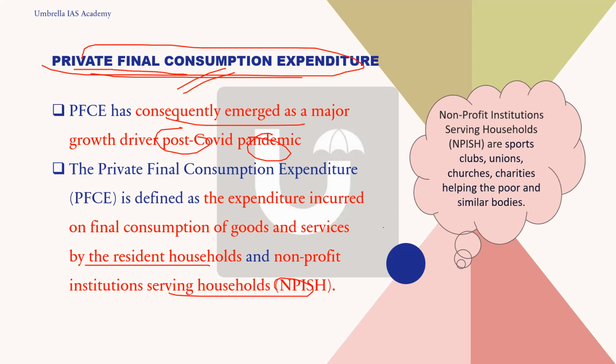Does it come under this? Definitely yes. If an NGO is providing bicycles to girl students for free, it also comes under private final consumption expenditure. Okay, is it clear, everyone?